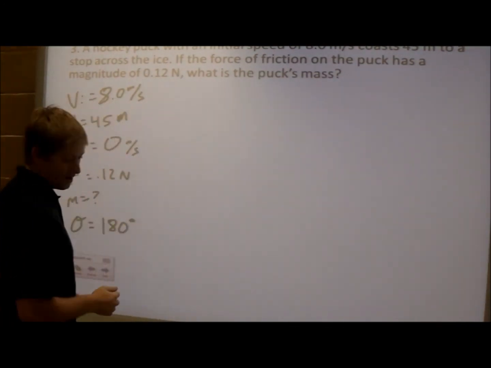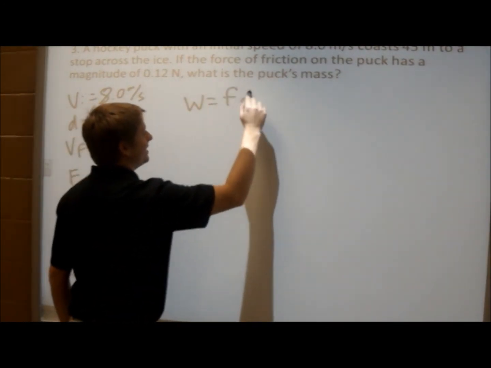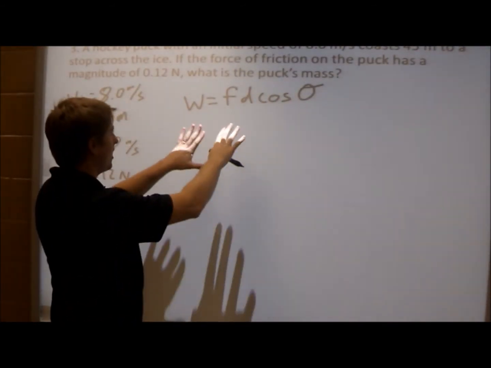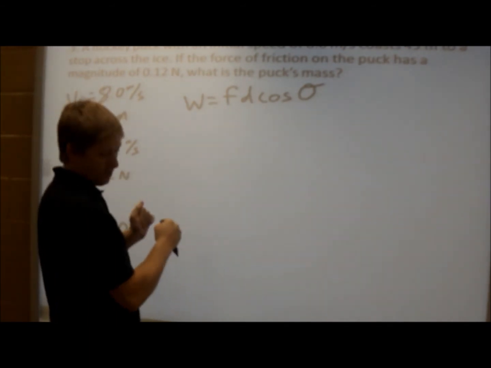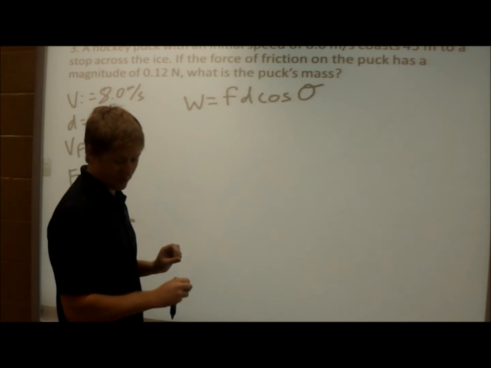If you have a question about that, go ask Coach Burrow. He'll explain it. We have work equals F d cosine theta, just one of our formulas. We're going to plug it in to what we have. We're going to use the work kinetic energy theorem to solve for this here.